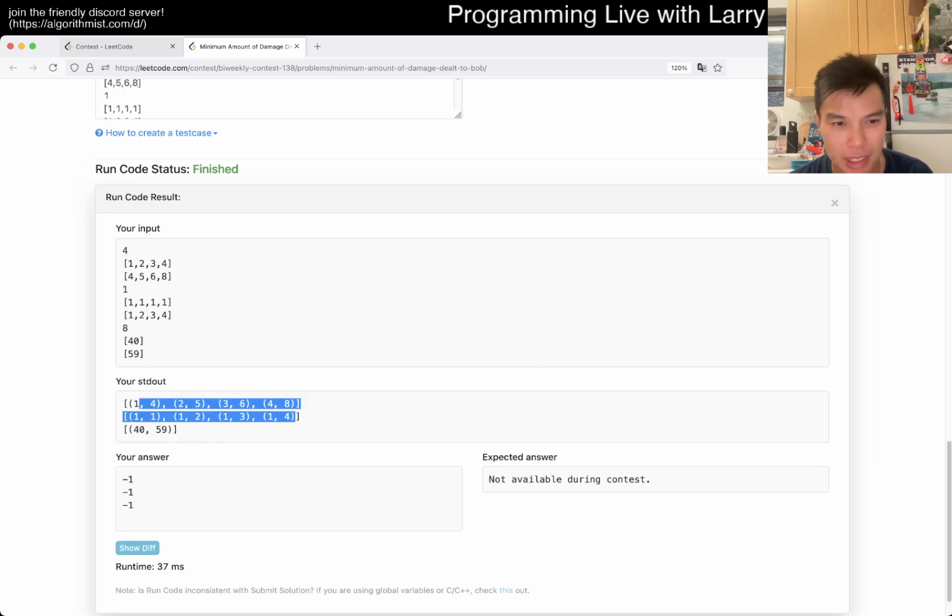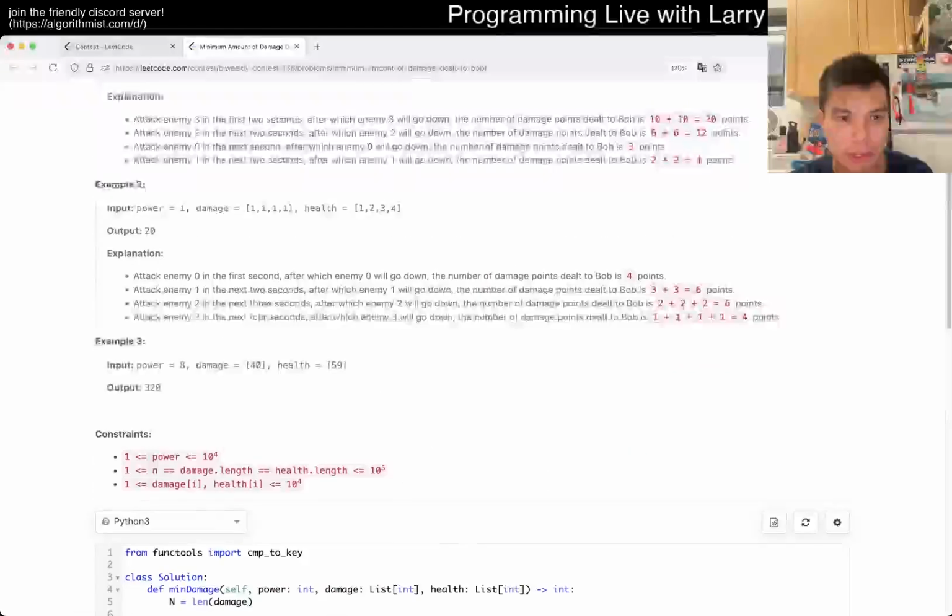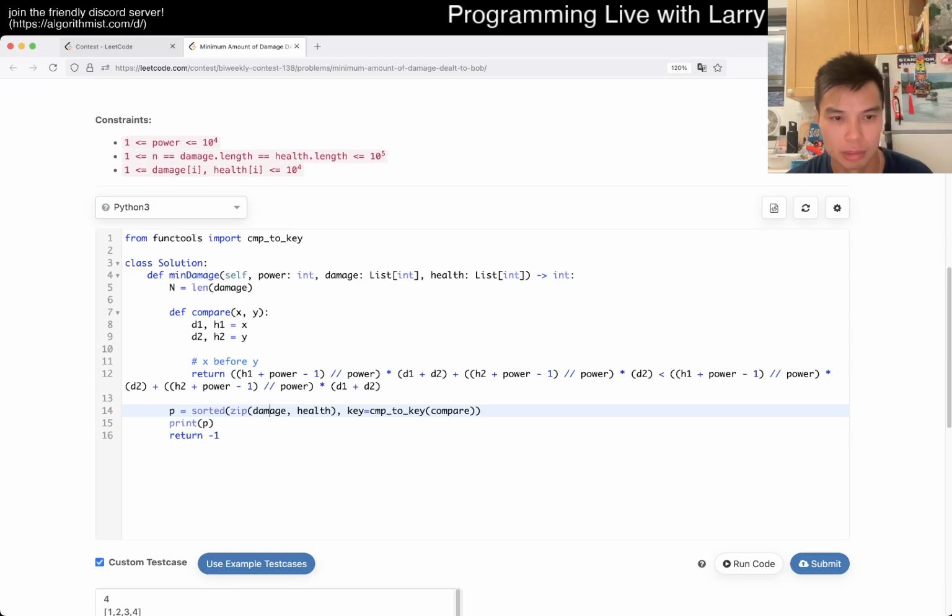Okay, maybe that looks roughly right, maybe. So then now we just do it, right? So then now here for D, H and P, we want to say, okay, total damage. Also time is equal to 0. So then now we want to return total.